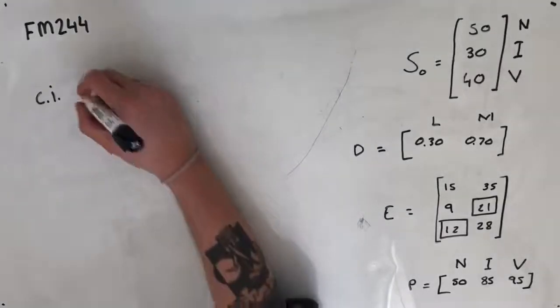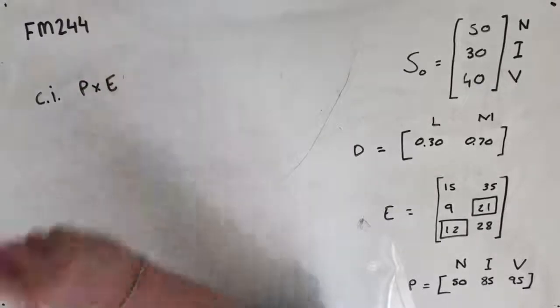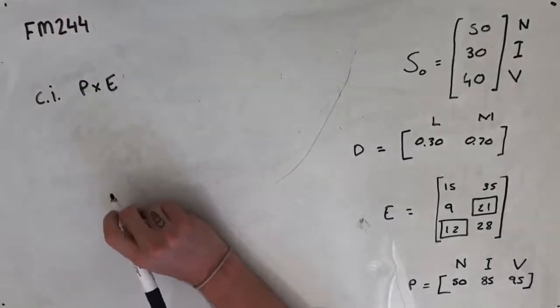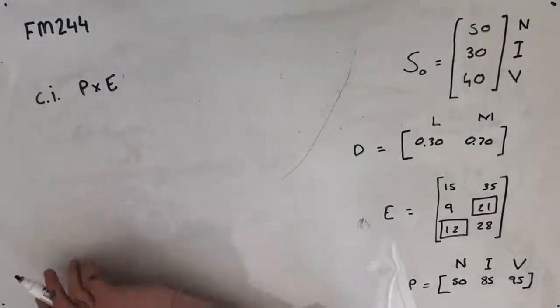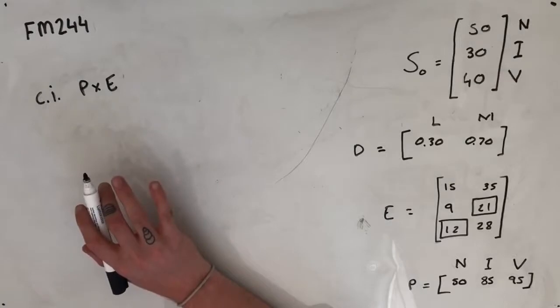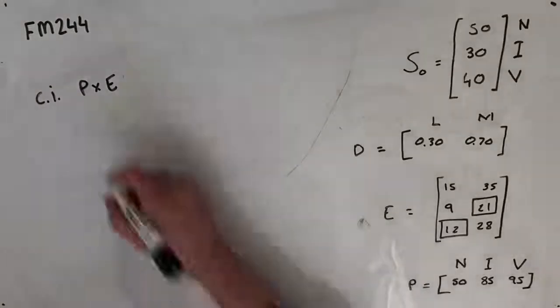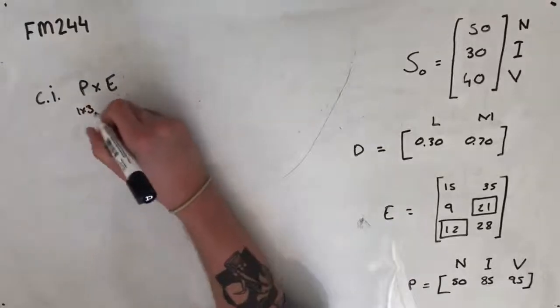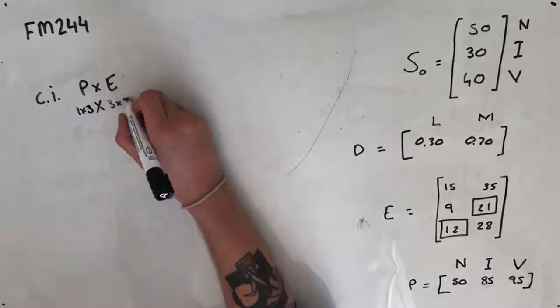So in order to answer this question, first of all, our matrix product is going to be P times E, and we know that because of the order of each of these matrices. So in order for us to actually have a product at all, we are going to need, well, this is a 1 by 3, being multiplied by E, which is a 3 by 2.